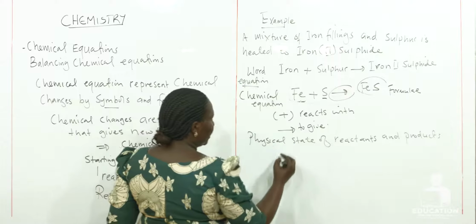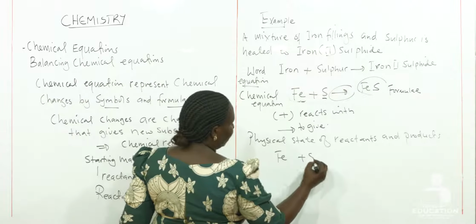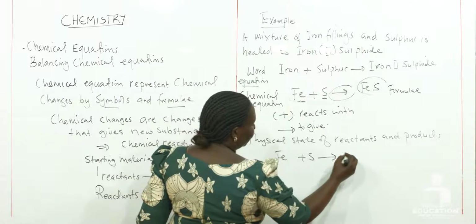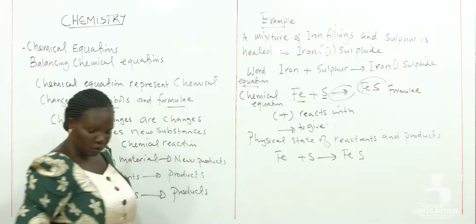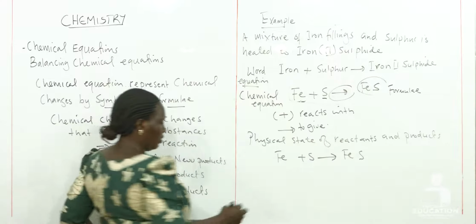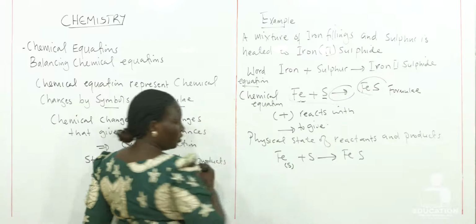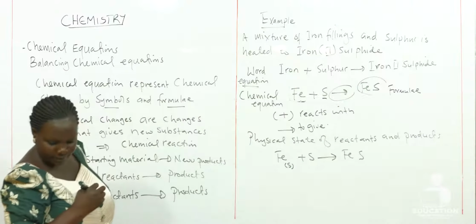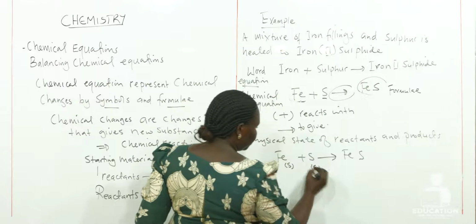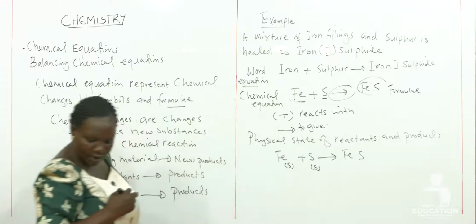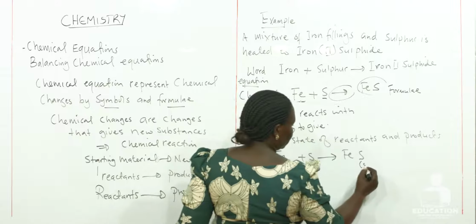So, for example, in the reaction of iron plus sulfur to give iron 2 sulfide, the physical state of iron is solid. We write a small s inside brackets. Sulfur is also a solid, and iron 2 sulfide is also a solid.